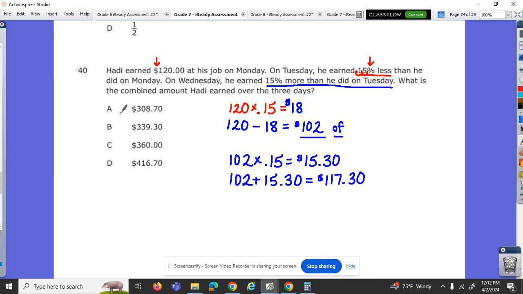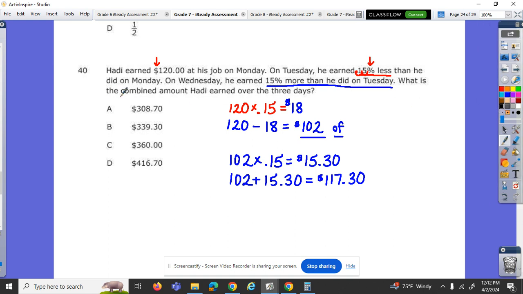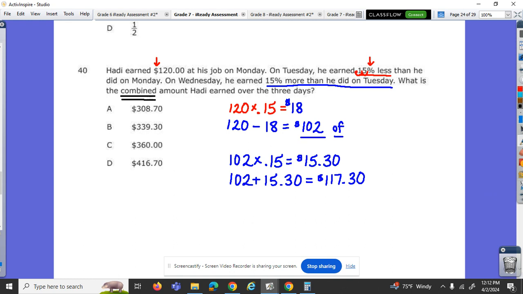All right. Now, do you know what the last step would be? It says, what is the combined amount over the 3 days? So combined should make you think of addition, right? We got to get our total of all 3 days. So let's see if you can pick out the right numbers because we have a lot of steps here. All right, we'll go back to the original. We had 120 for Monday. All right, 102 for Tuesday.